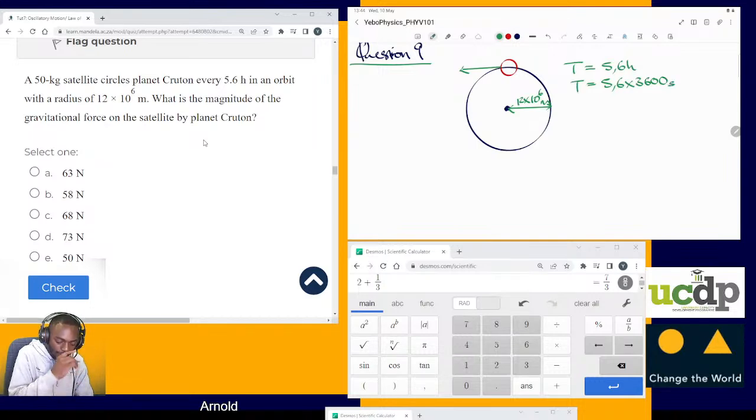That is the period. And what else do we know? The mass of the satellite is 50 kilograms. That's what we are given.